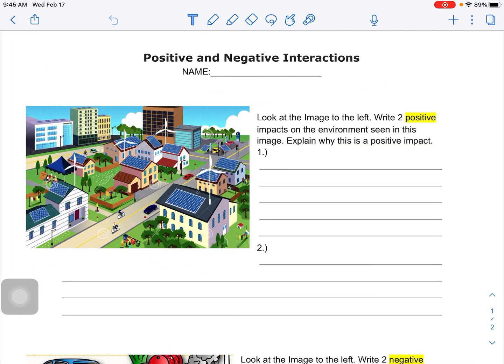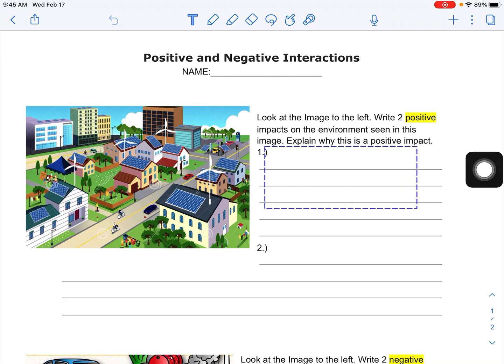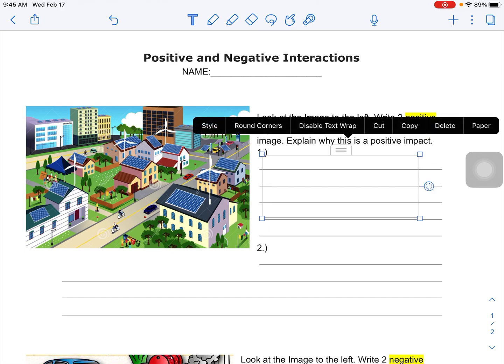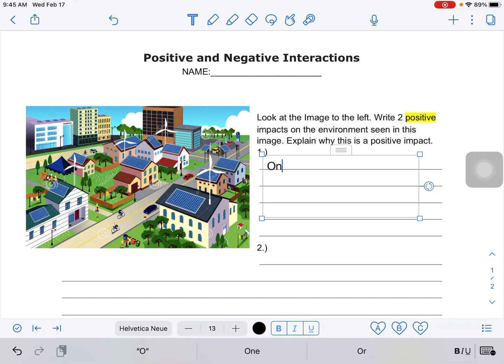You are going to pick two positive impacts that you see in this image. Then you're going to explain why this is a positive impact. So for example, I could write here, one positive I see in this image is the use of solar power.